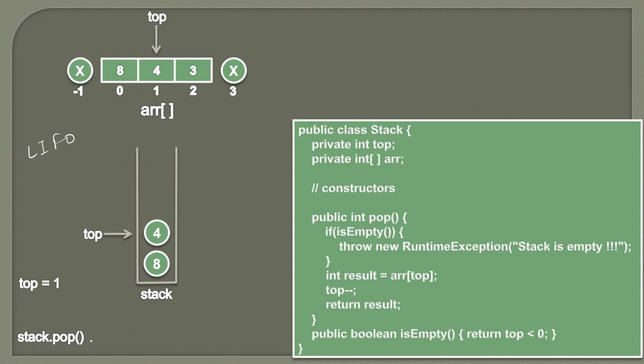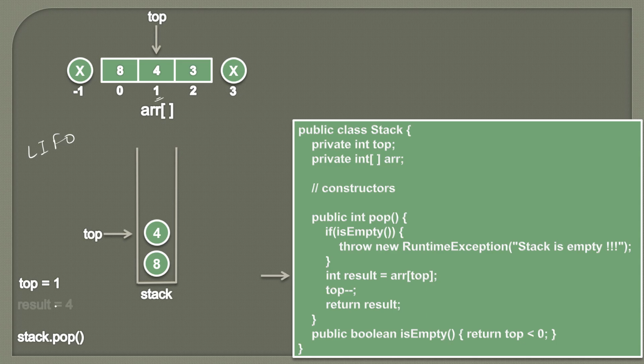Now if we again call pop, 4 will be removed. We check whether the stack is empty or not. So the value of top is 1. 1 is not less than 0. So the stack is not empty, so a false value will be returned, and this if block won't get executed. First we hold the value from the array at index 1, because the value of top is 1.